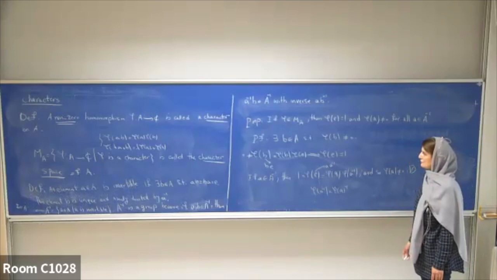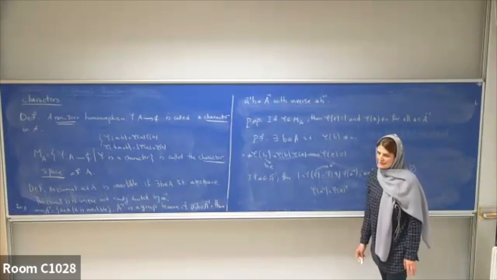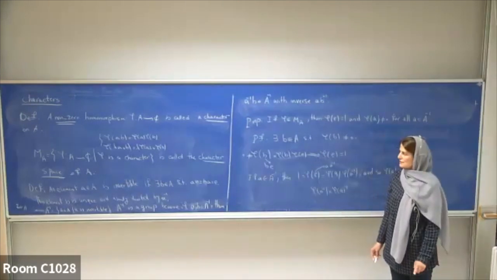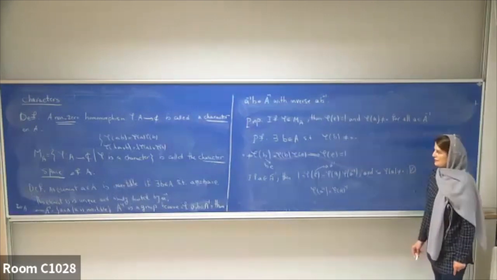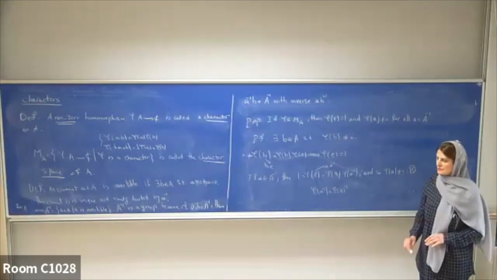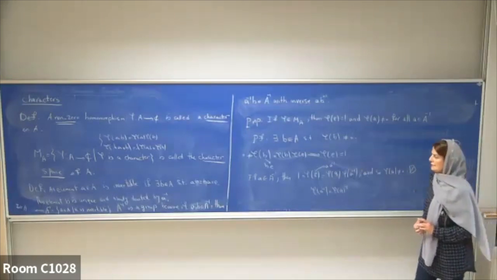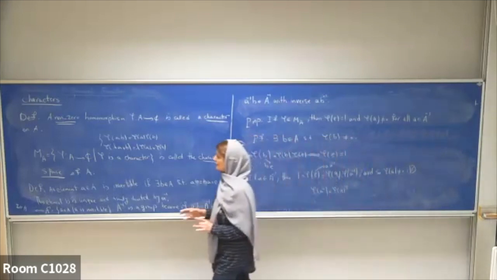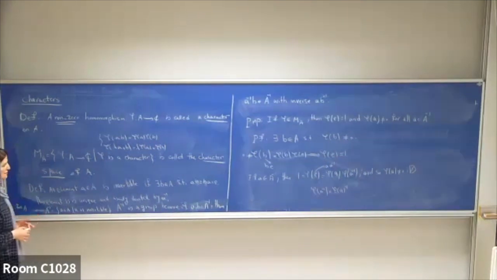For example, for Mn, you can see the character space is empty because the only homomorphism on Mn will be zero, and that's why M of A is empty. But for the commutative case, for all Banach algebras, M of A is not empty, and also there exists a very nice connection between these elements and maximal ideals of A.